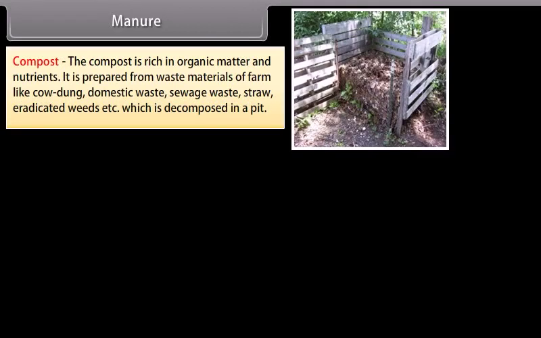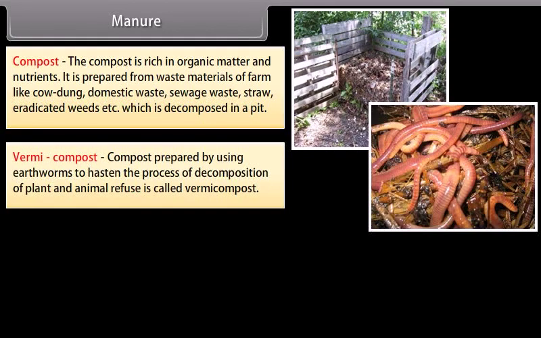Compost. The compost is rich in organic matter and nutrients. It is prepared from waste materials of the farm like cow dung, domestic waste, sewage waste, straw, eradicated weeds, etc., which is decomposed in a pit. Vermicompost.